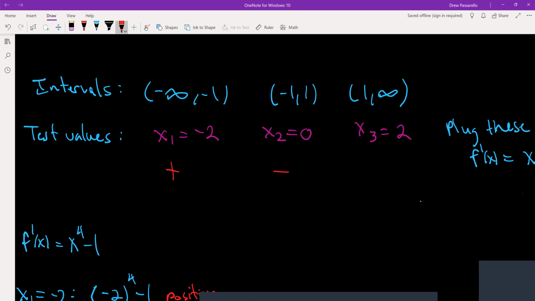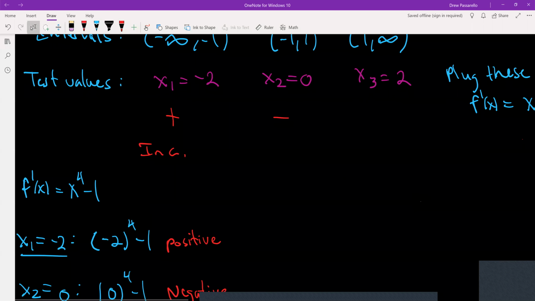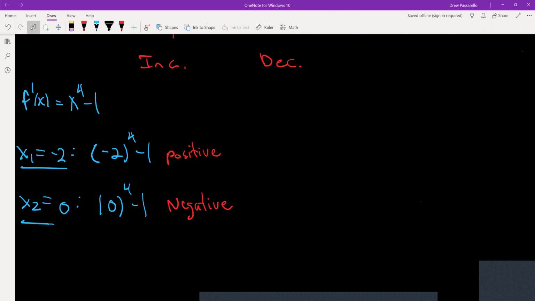What does it mean to be positive? That means we have this interval -infinity to -1, it's going to be increasing, INC. This interval, we had it to be negative for its derivative, that means it's going to be decreasing, so I use DEC. The last one's plugging in 2, and that's going to be positive because you'll get the same as the first case.